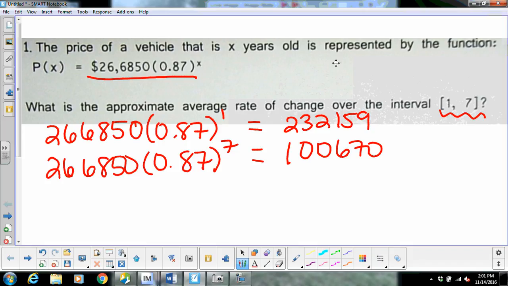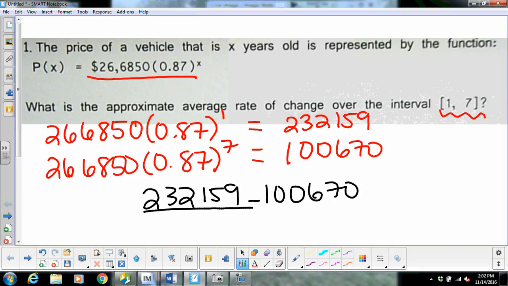So now when I do my rate of change, I'm simply going to subtract these. And then I'm going to subtract my x's, which were 1 and 7.